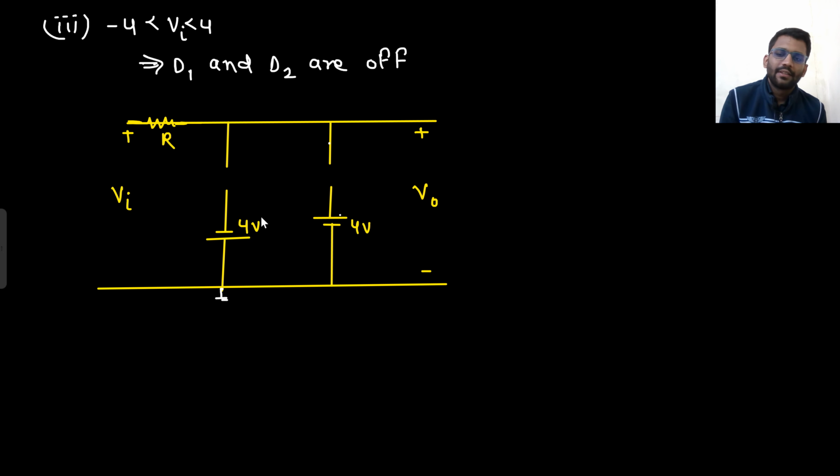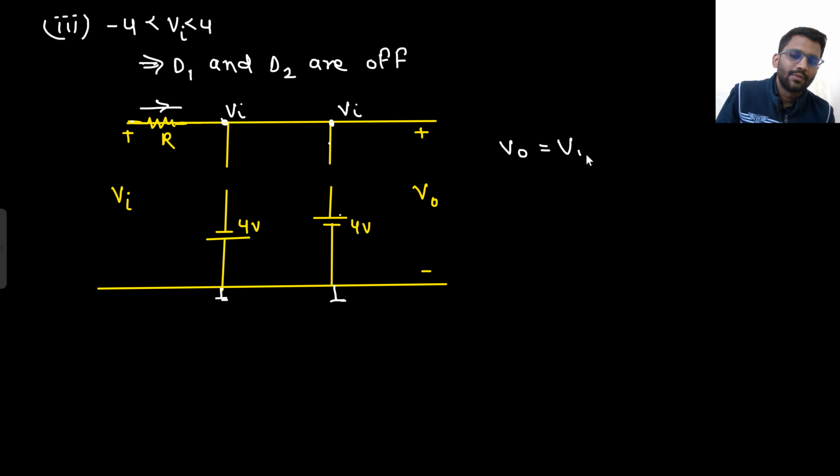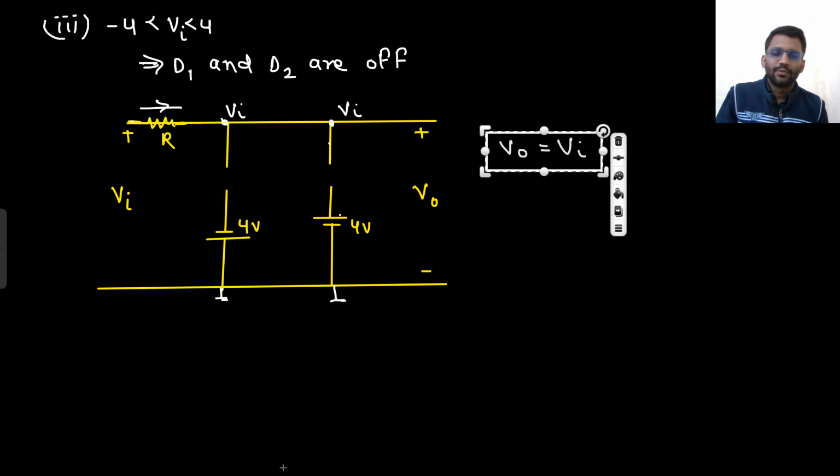This is zero potential. There is no meaning of these potentials. If this is off and this is also off, that means there will be no current through the resistor. So complete V in will be going towards the V out. This potential will be V in, this will also be V in, and V out will simply be equal to V in.